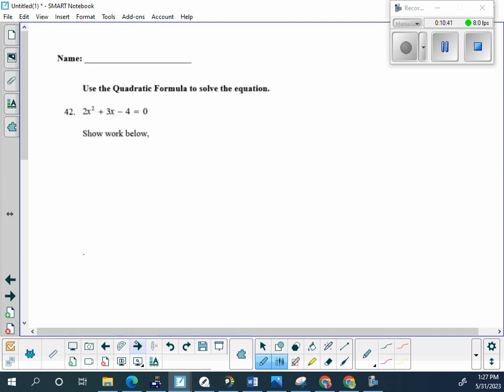Solve using the quadratic formula. I suggest doing A equals 2, B equals 3, however you want to solve this, C equals 4. Then you can put it right in the formula and show the work, or you can figure out what 2a is, that's 4.